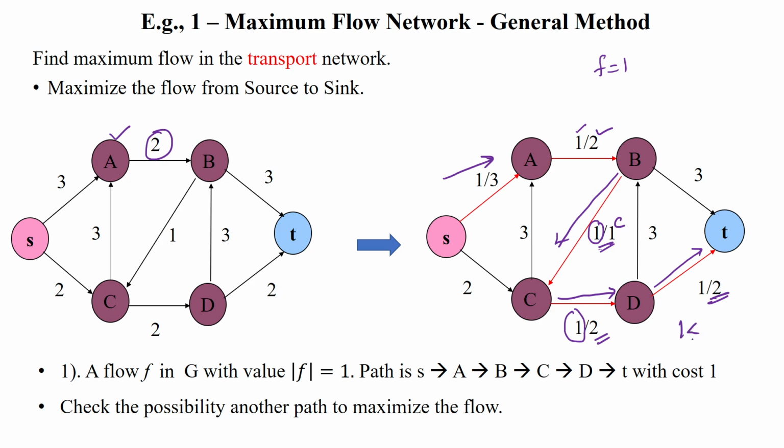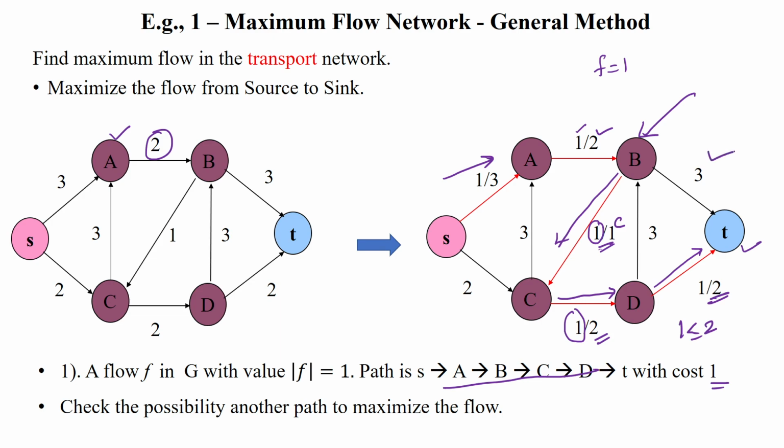Then we can allow this flow into the next vertex T. So now I have reached the destination. So this path, S to A to B to C to D to T, allows a flow value of 1. And here at B, you may think, why do we take B to C?